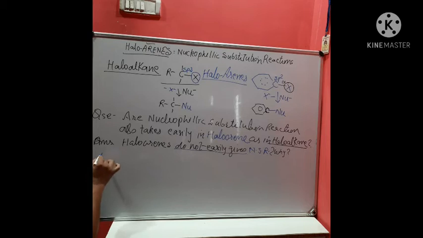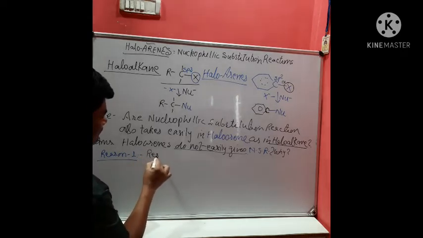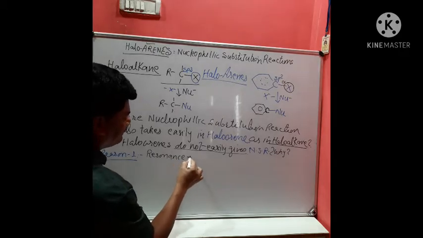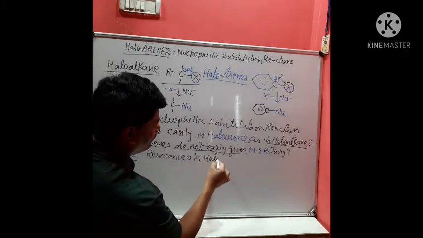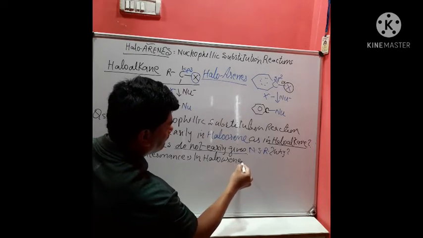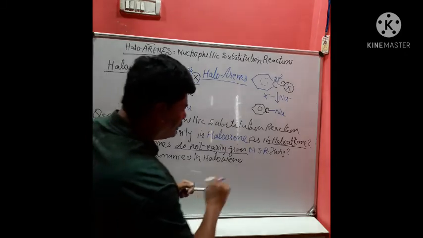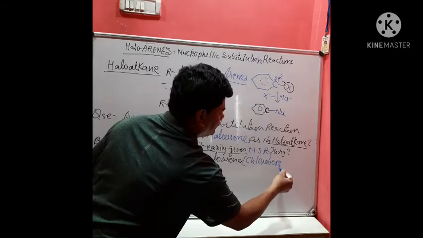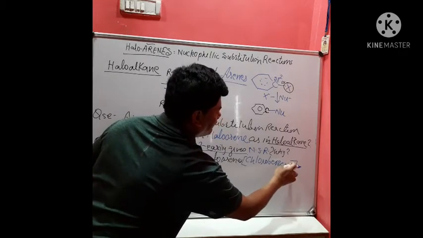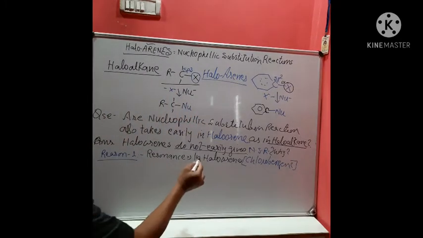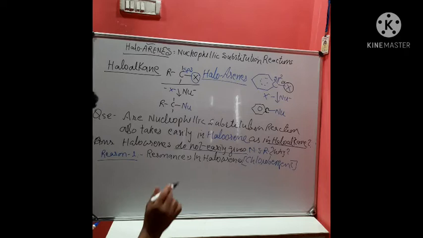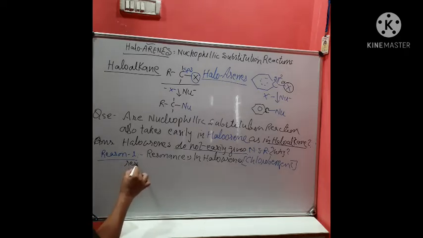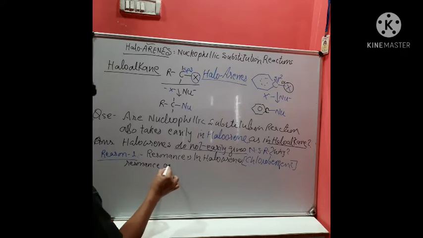So the reason, number one: resonance in haloarenes. You can take a simple example of haloarene, chlorobenzene. Now student, look at benzene. In chlorobenzene resonance occurs.